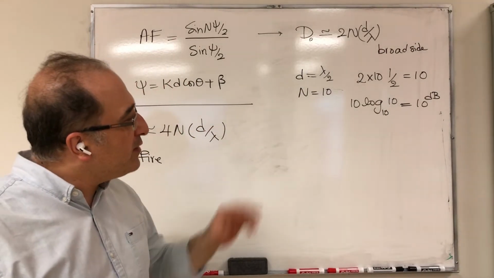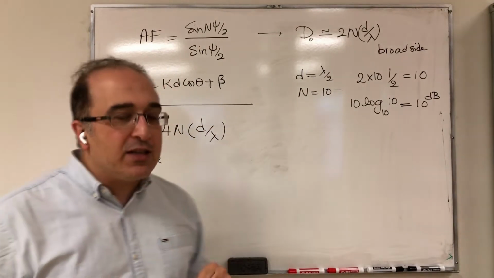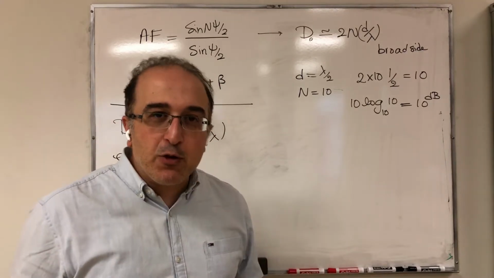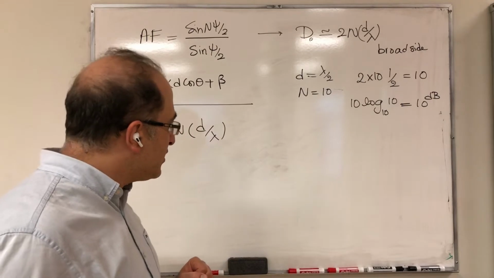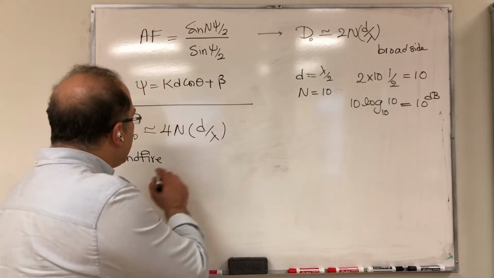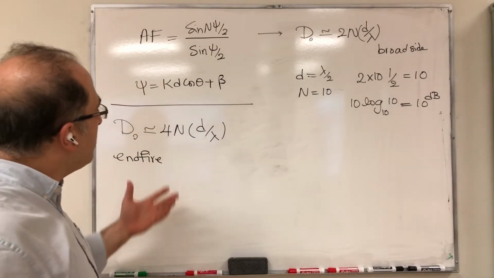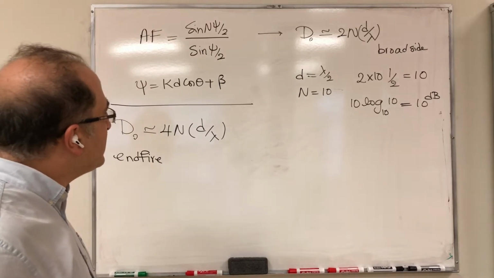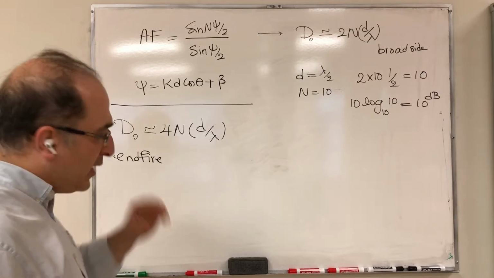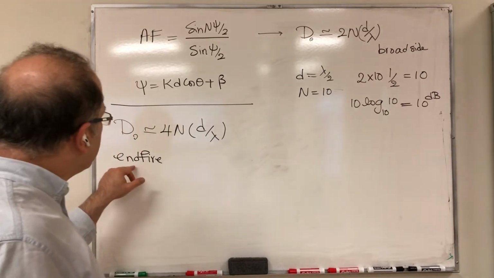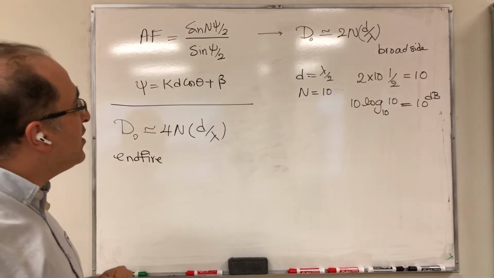Now, before continuing with this, let me also mention something which can be a source of confusion, and then we will hopefully explain this confusion. When you look at this, you see that for an equal number of elements and the same separation, the directivity of the end fire, assuming one main lobe, is essentially more than the broadside.